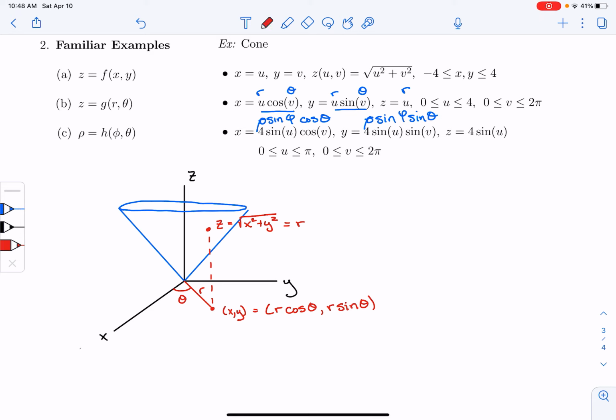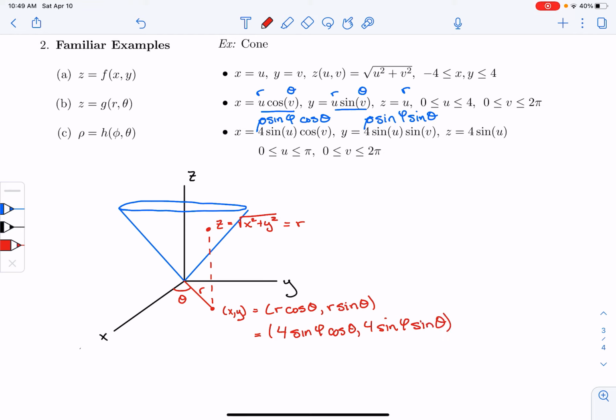So here we can think about x and y as being, in this case, my radius is going to be 4. So this is going to be 4 sine phi cosine theta, and then 4 sine phi sine theta.